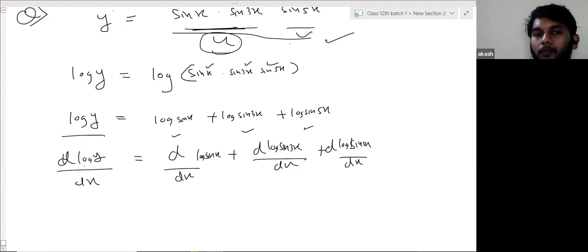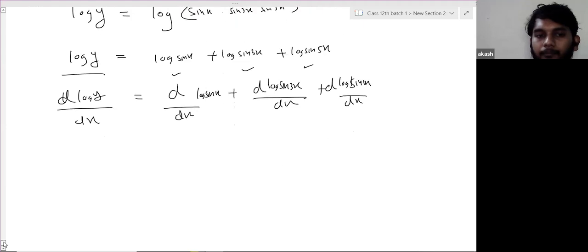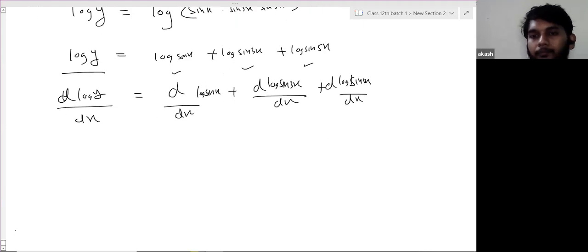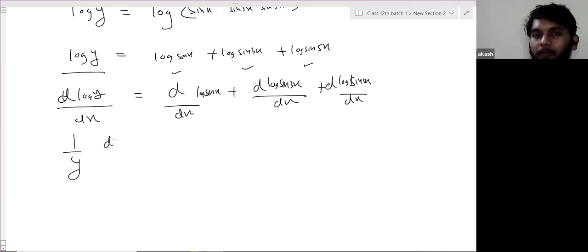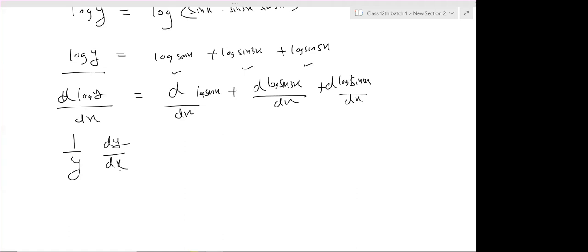Now what is the differentiation of log y with respect to x? One by y. 1 by y. There is no dy by dx yet.